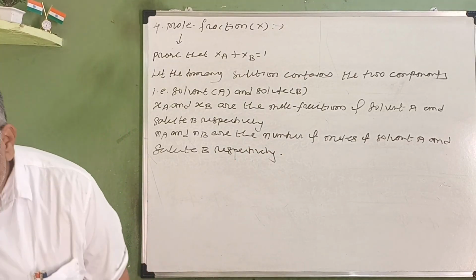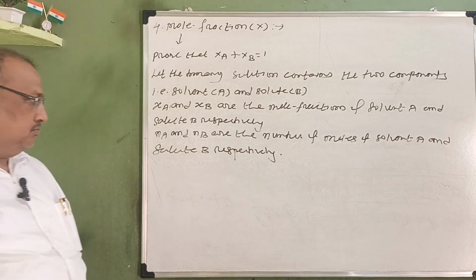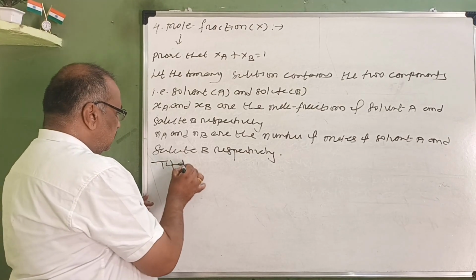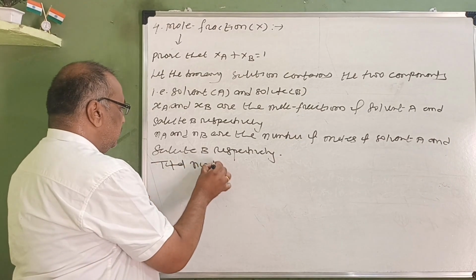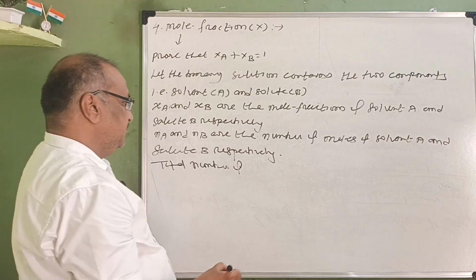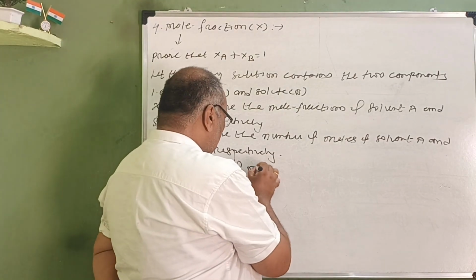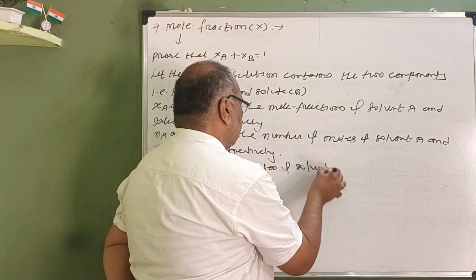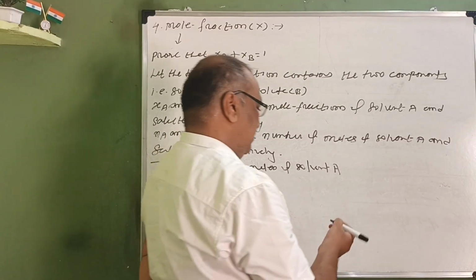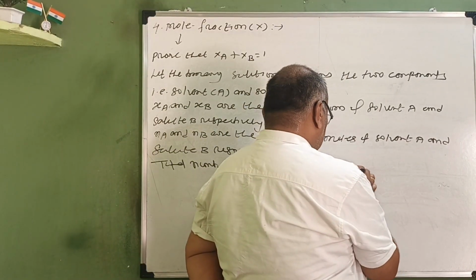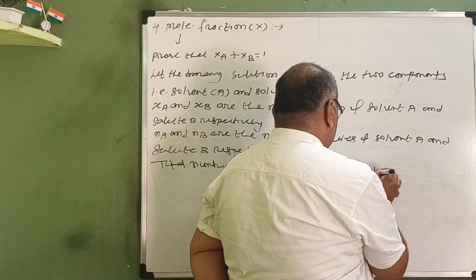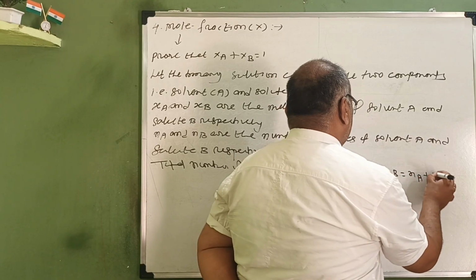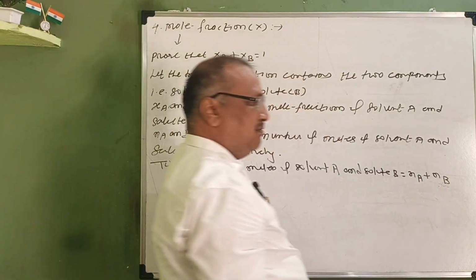Now here the total number of moles of solvent A and solute B is equal to Na plus Nb.